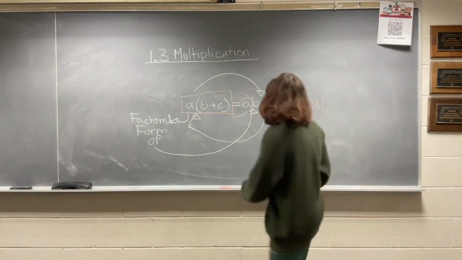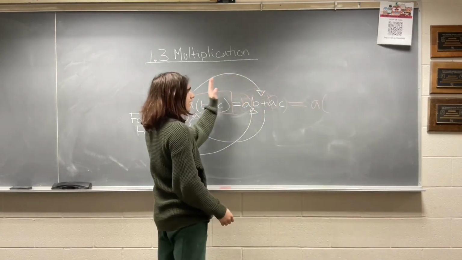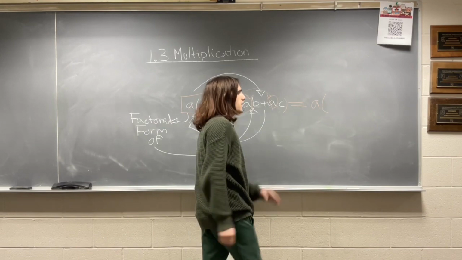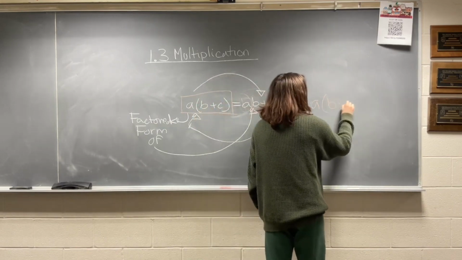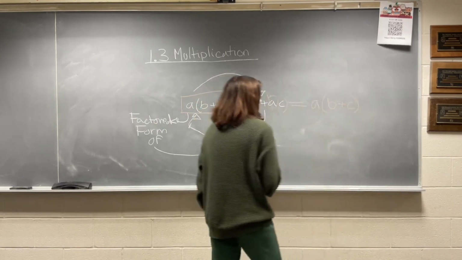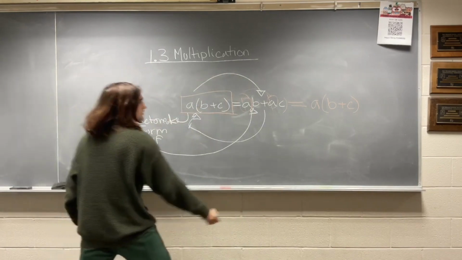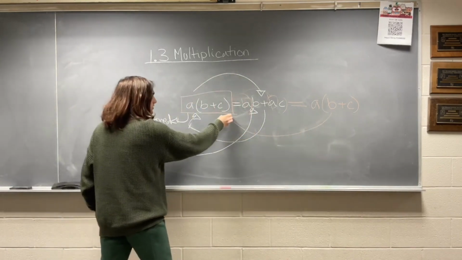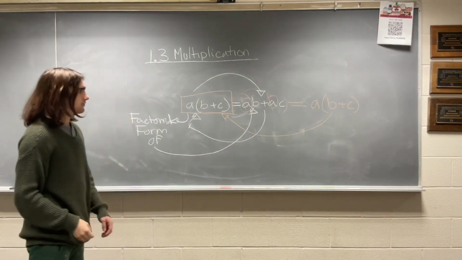We just imagine the a doesn't exist here and we're putting it outside. That's why we have the a here, and now we just have b plus c. And we can see that that factored form is the same as this here.